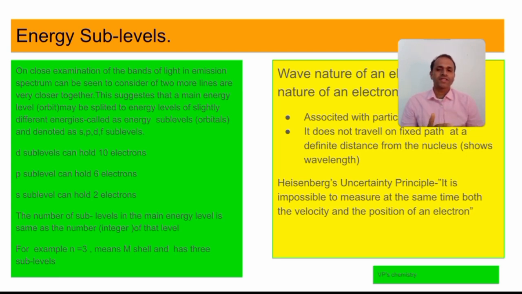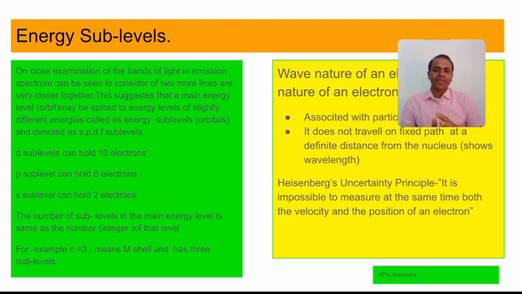This suggests that the main energy level may be split into energy levels of slightly different energies called sub-energy levels, or for the time being we can call them orbitals. These sub-energy levels can be denoted by the small letters s, p, d, f.